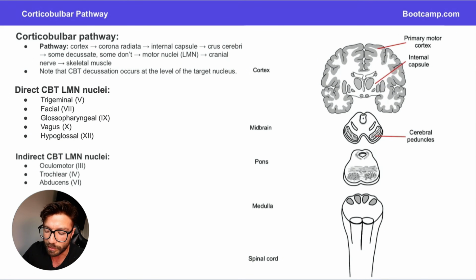These ones are the ones that are directly innervated, and we're going to expound upon these in the coming slides, whereas the oculomotor, trochlear, and abducens are indirectly related. And if you know the function, these are all involved in eye movements, which has a special process involved with it.